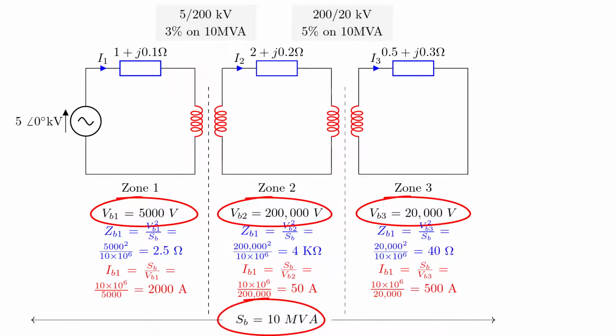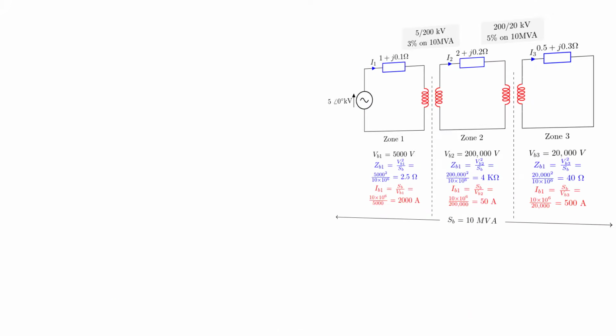This is extremely convenient because both transformers can be put straight into our per unit equivalent circuit as J0.03 and J0.05. And this would represent the leakage reactance of those transformers in our system.